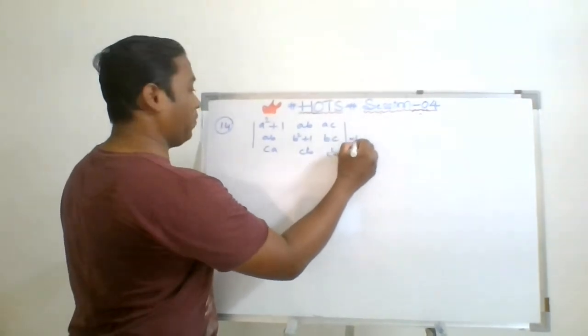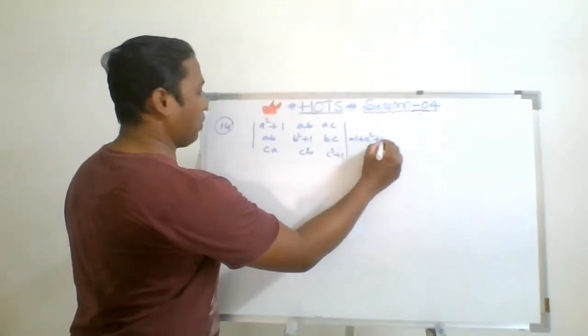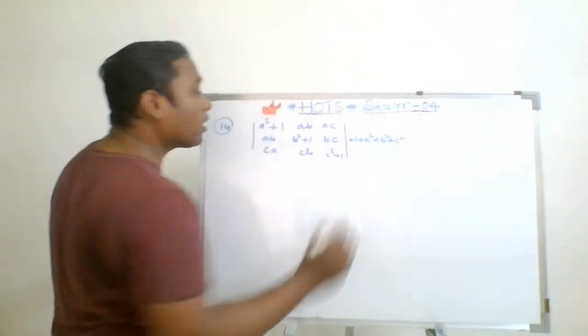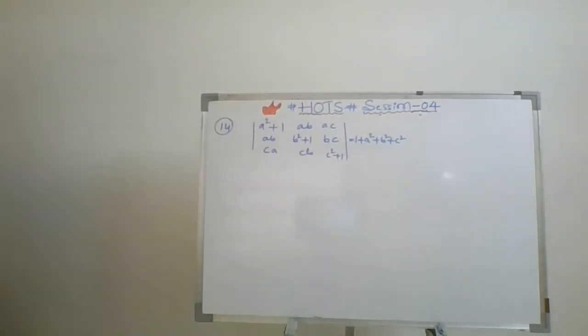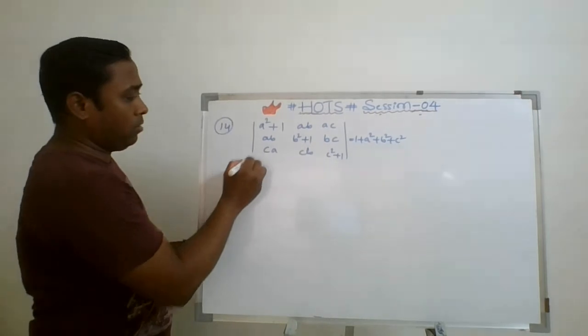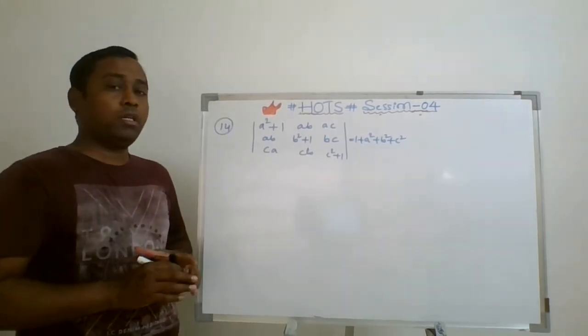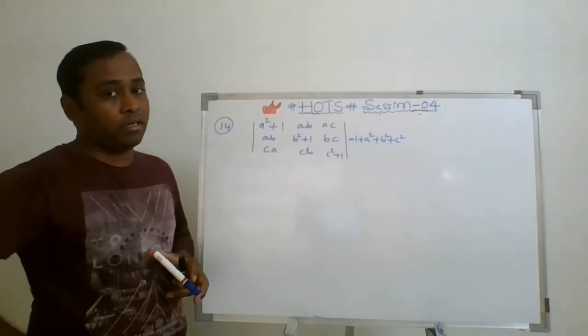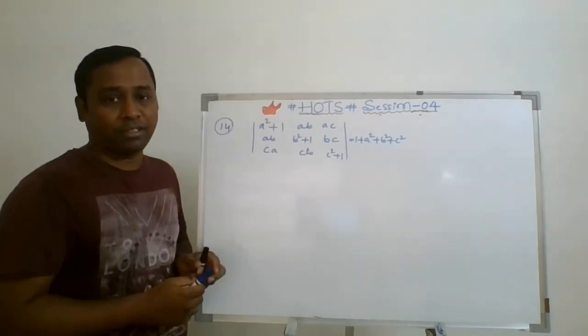And we need to prove it equals 1 plus a square plus b square plus c square. Again, it's a question completely based on the first step to start. It depends on how you start.